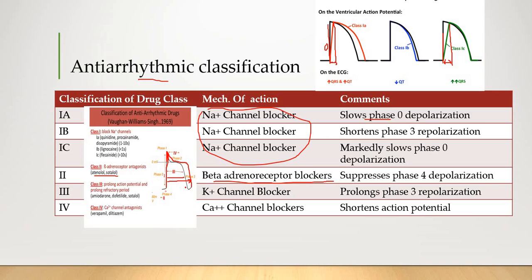You see now, since time is on the x-axis, the number of beats will be decreased. That is how amiodarone or sotalol work. Again, sotalol is a classical drug. It works as class 2 and as class 3, and they are placed as classical antiarrhythmic drugs.